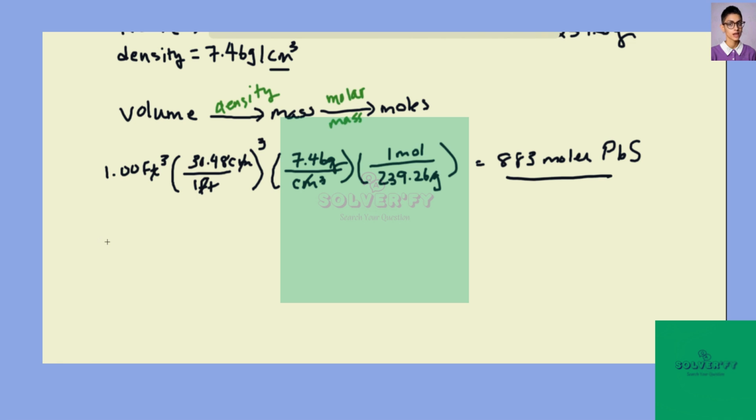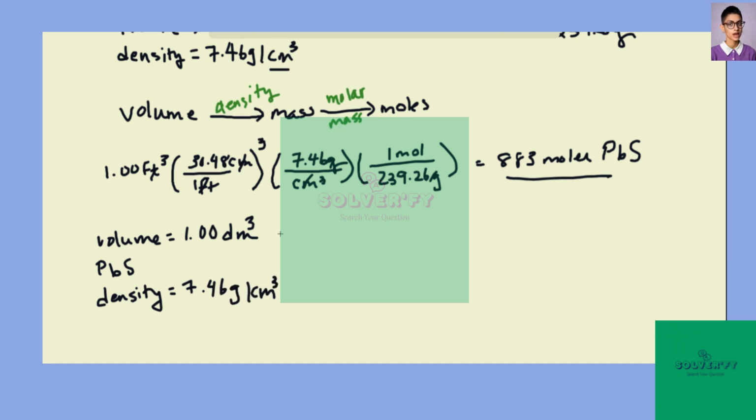If we have a given volume, in this case 1 cubic decimeter, of the same compound with the same density, we can find out how many atoms are present.